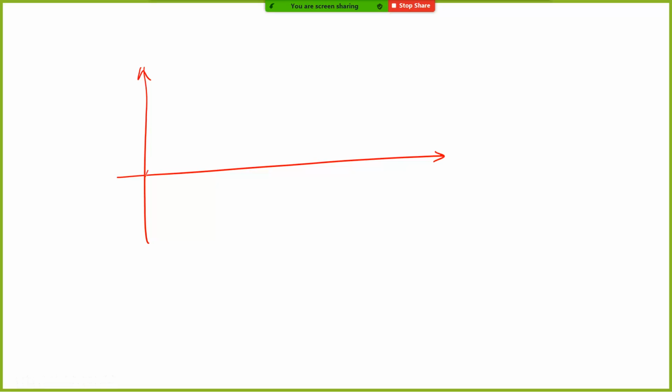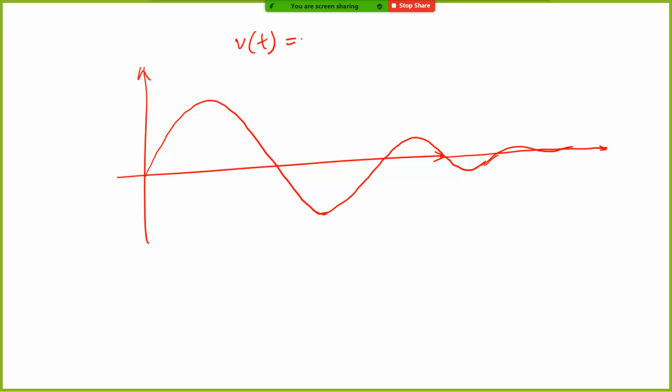So we have a response which is like a diminishing sinusoidal wave. V of t is given as some constant, and what was the constant here? Yes, 210 root 2 e to the power of minus 2t sine root 2t.